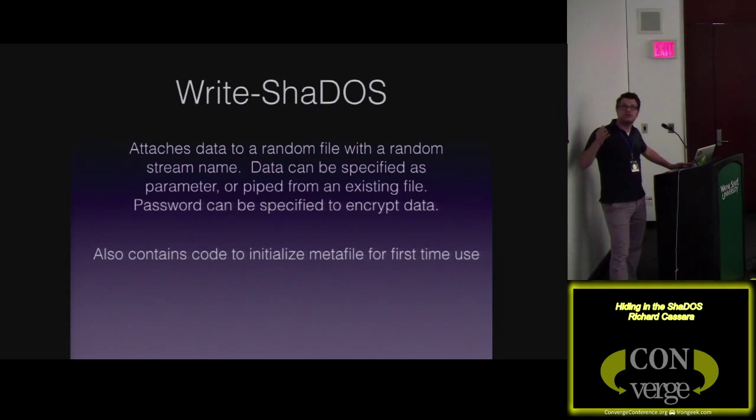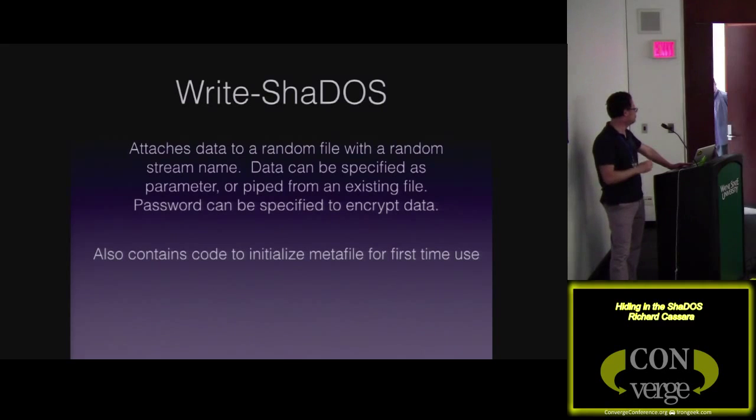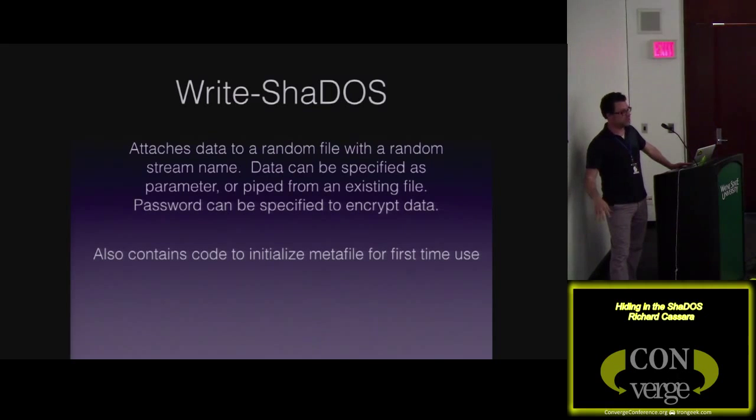You can set your data as a text string, or you can do a get content and pipe that over to write ShaDOS, and it'll move that information in. You can also set a password. You can separately set a password on each of these files, so they are encrypted with their own passwords separate from the meta file encryption.